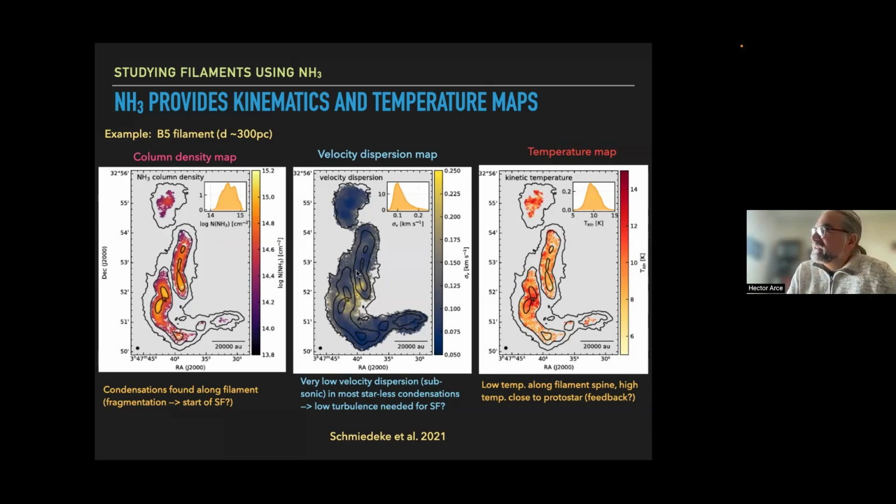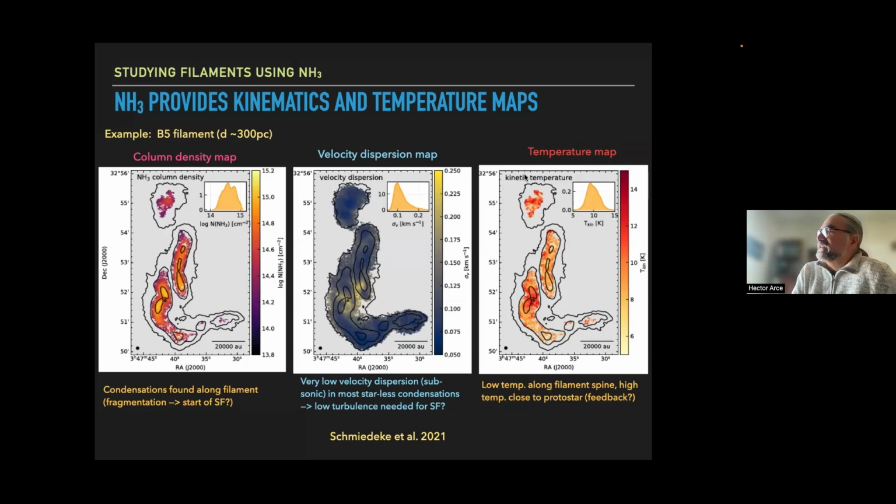And we see that in some of the condensations the velocity dispersion is lower. People have said that you need so-called coherent cores, that is cores where not only you have dense gas, but you have low turbulence, in order for stars to start to form.